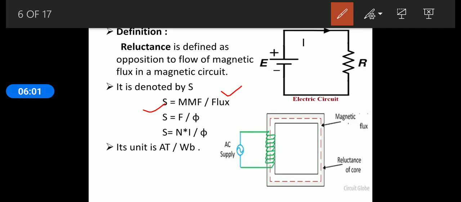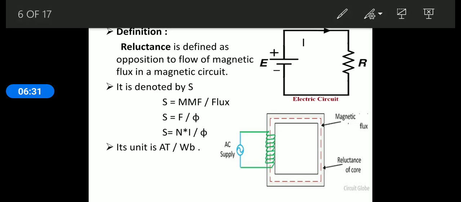That is, S equals F by phi, where F is nothing but the MMF, F equals Ni. The unit of reluctance is ampere turn per weber, that is AT/Wb.